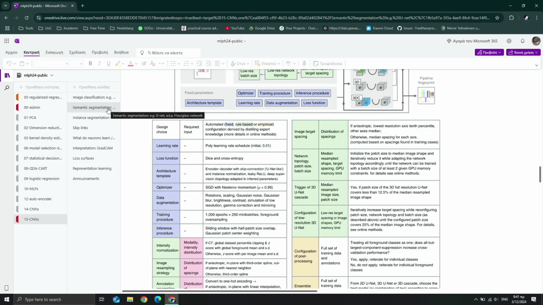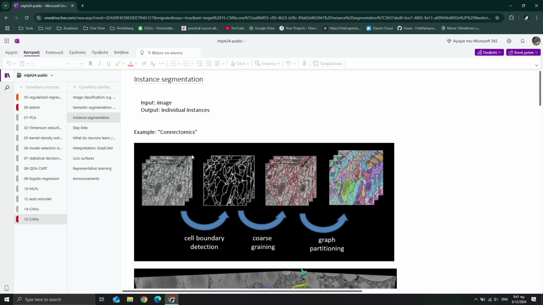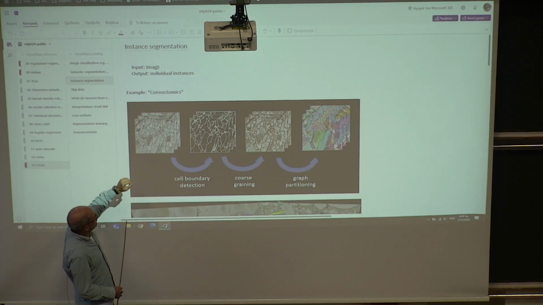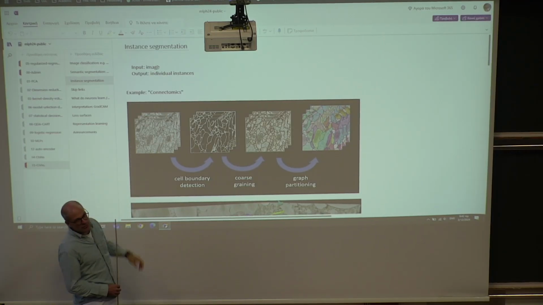All right, this was semantic segmentation, where we classify each single pixel. But sometimes we don't want to classify pixels, we want to group pixels. And the problem that was the focus of my lab's attention for a decade was the connectomics problem. Here we were looking at super high resolution images of the brain.